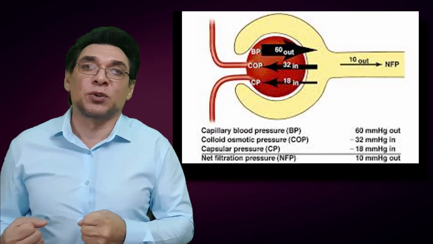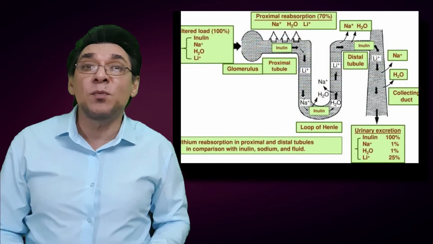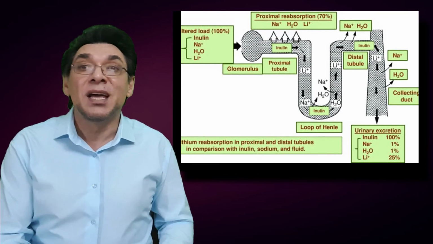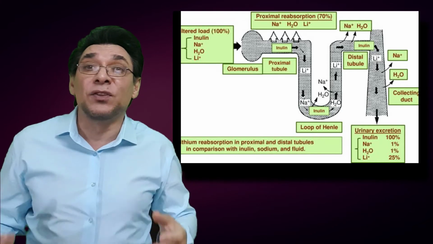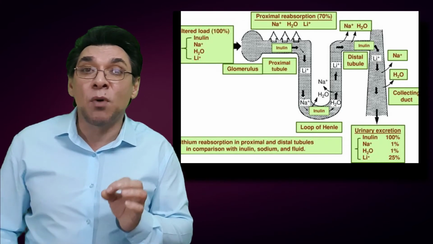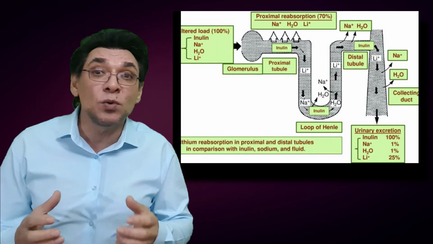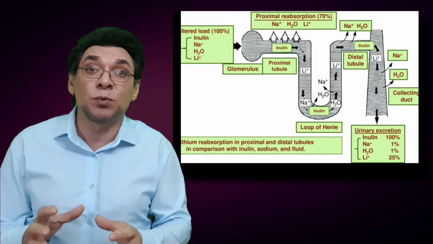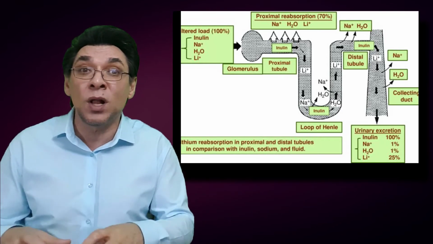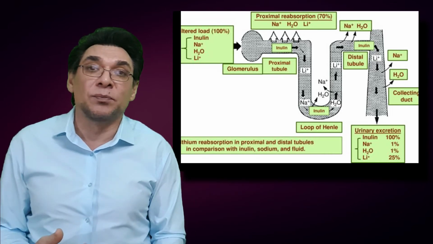Tubular reabsorption is the movement of substances from the filtrate across the wall of the nephron back into the blood of the peritubular capillaries. Certain solutes, molecules and ions are reabsorbed by processes such as active transport and co-transport into the cell of the nephron wall and then from there into the interstitial fluid.